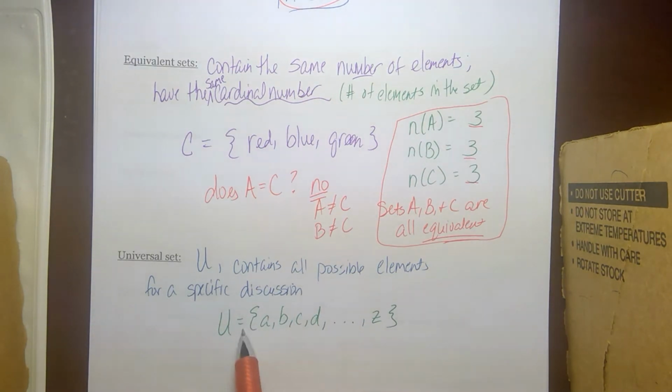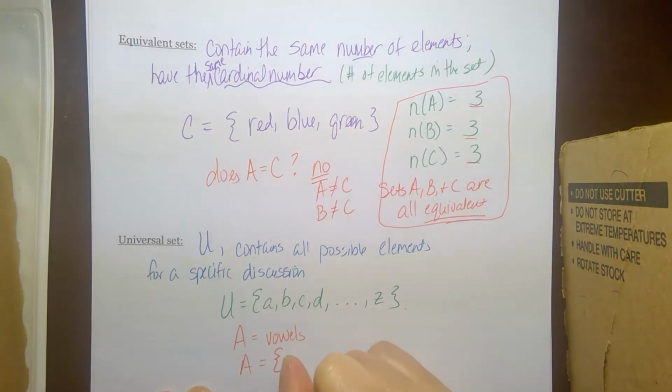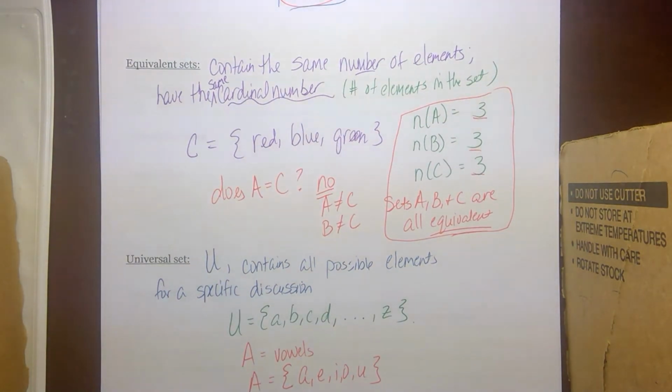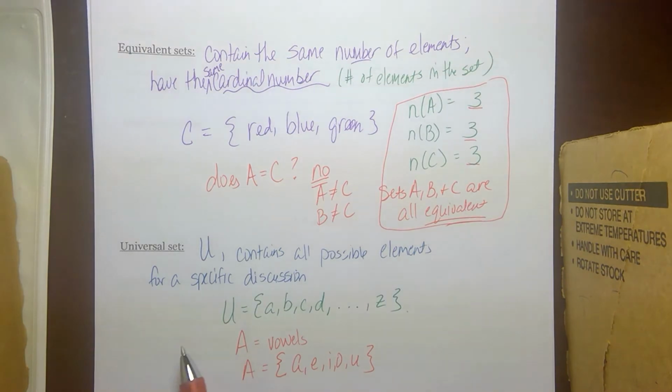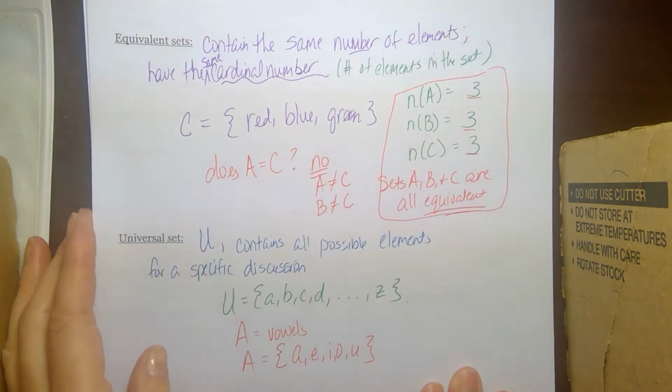So this is roster form. My subset A is going to be the vowels. That's my descriptive form. And if I do A in roster form, I would say A, E, I, O, and U. We're not going to include our sometimes Y. So set A is a subset of my universal set because every element in A is also in the universal set.